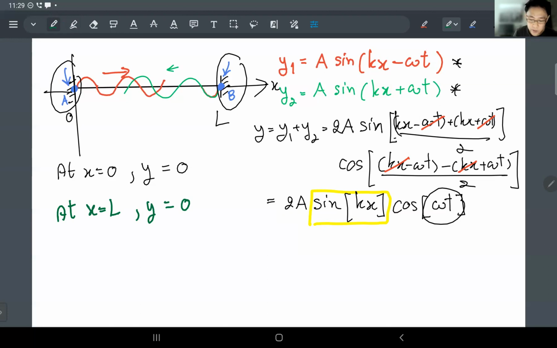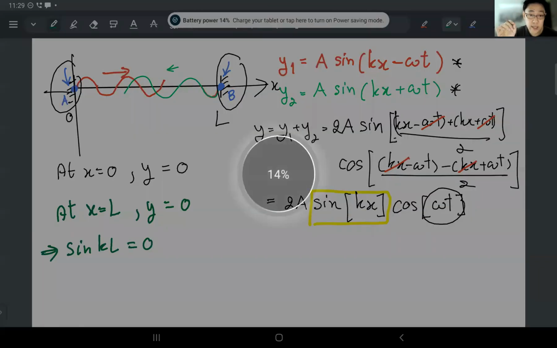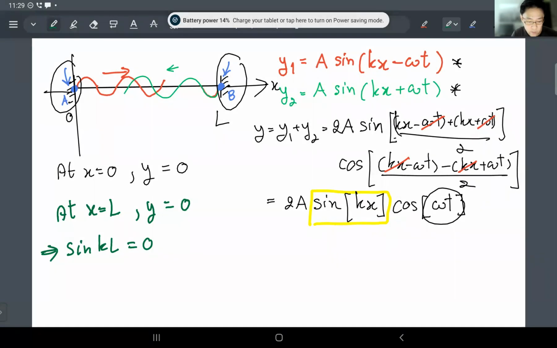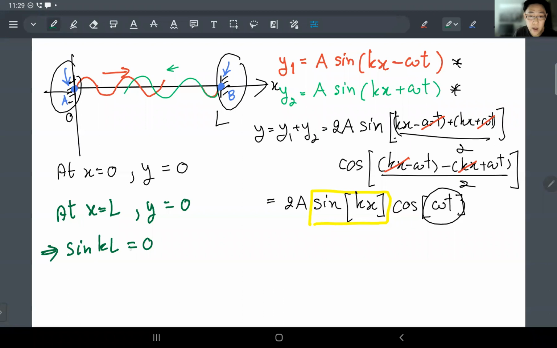Now, let's play with it, because that means sine KL must always be 0. You guys with me now? The condition at x equal to 0 seems to be always 0, so you're safe there. However, you need to pick the condition at L to be 0 as well. And at that point, you say sine KL must be equal to 0. How can you make this sine KL to be 0 at all times?